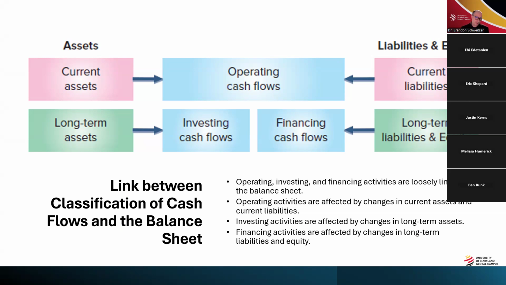Investing activities are affected by changes in long-term assets, like property, plant, and equipment. And financing activities are affected by changes in long-term liabilities and equity. So this slide here represents the linkages between the statement of cash flows and the balance sheet.